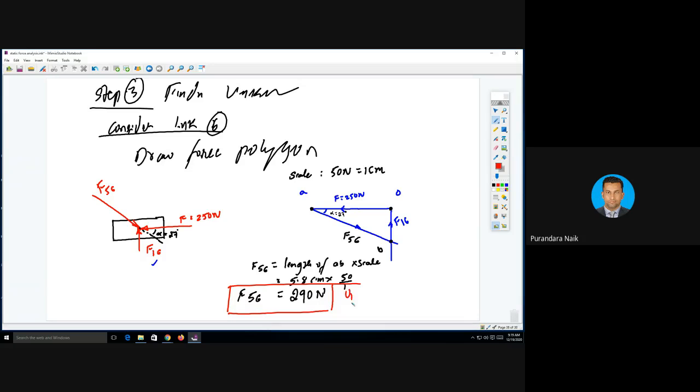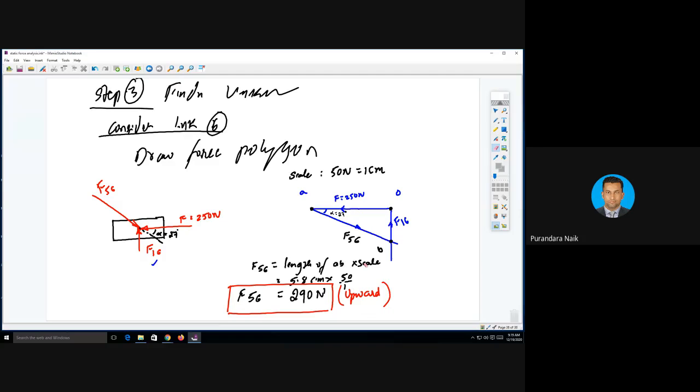Direction upward, correct? Upward. We have already mentioned it as upward, but you just mention it. Okay.